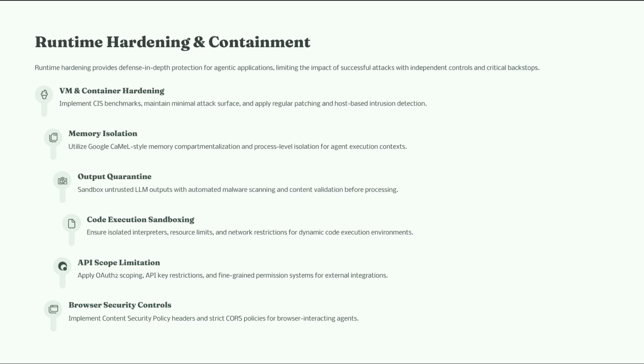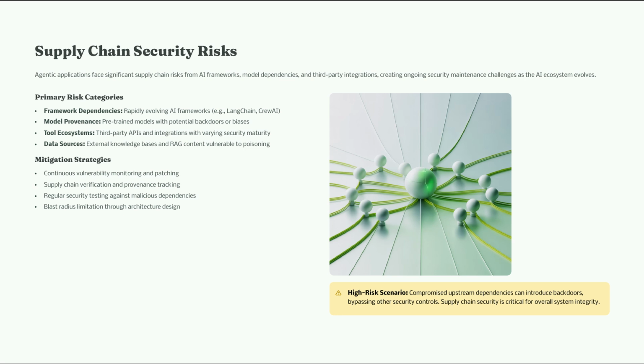As we transition from our discussion on runtime hardening, let's delve into a pressing concern for agentic applications, supply chain security risks. These applications are uniquely vulnerable due to their reliance on evolving AI frameworks, model dependencies, and third-party integrations. The landscape of AI is constantly changing, and with it comes the challenge of maintaining security. For instance, rapidly evolving frameworks like LangChain or CrewAI can introduce unforeseen vulnerabilities.